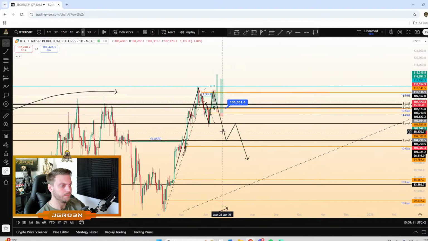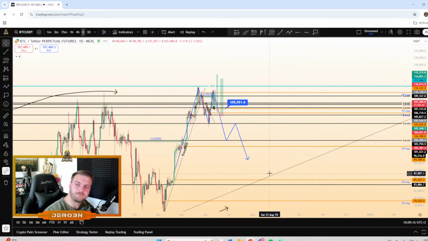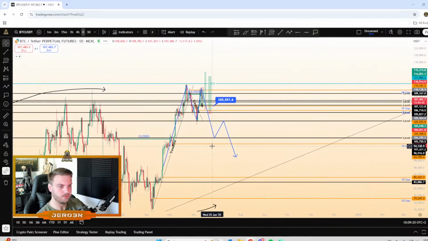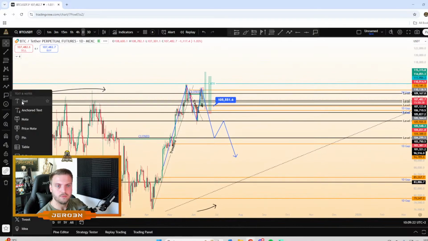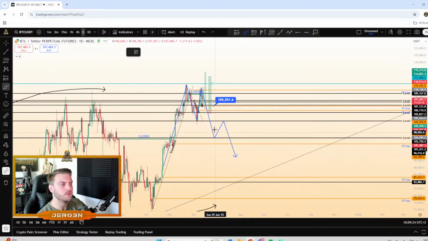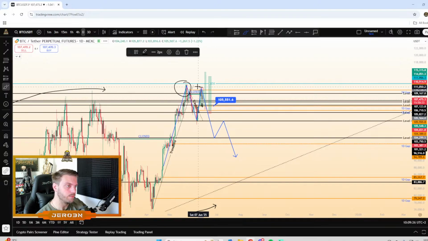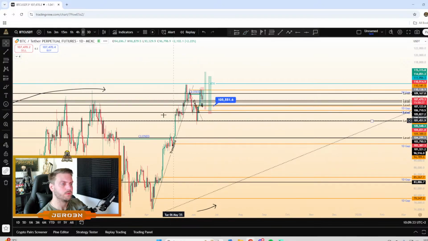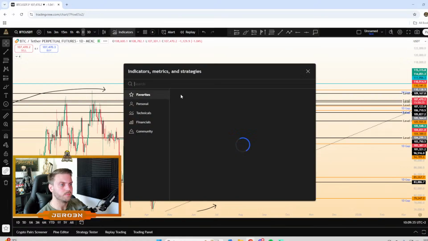I don't like black. Blue? Okay, so this is a very big possibility for Bitcoin in general, where we created the top, the second top. I don't use it that much, but MACD.